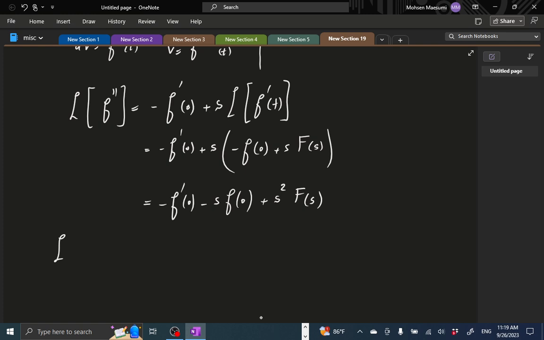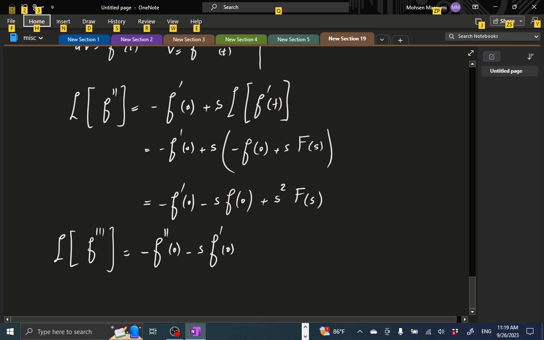Let's just see if we can detect a pattern so that we don't create this thing every time. So the string of negatives starts with one derivative less than what we have here. So for the third derivative, this is going to be the second derivative at 0, then s times f prime of 0, then s squared f of 0. I have a typo here.